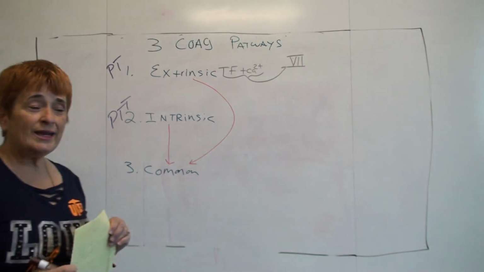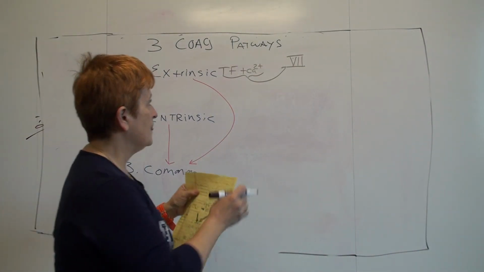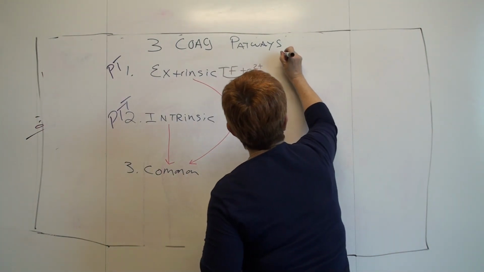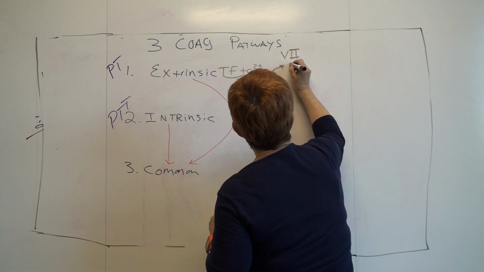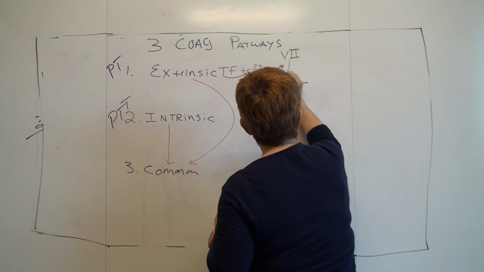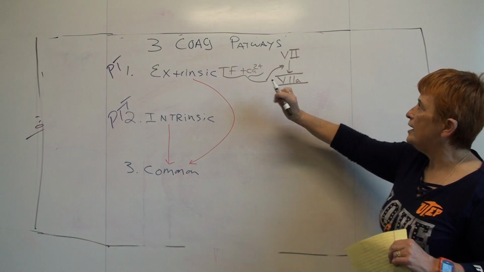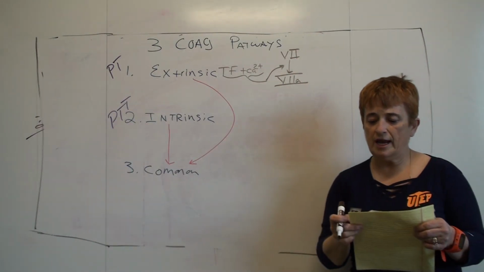Right now it's a zymogen because it's just factor 7. Once it gets active, 7 goes to 7A. So tissue factor and calcium help 7 go to 7A.